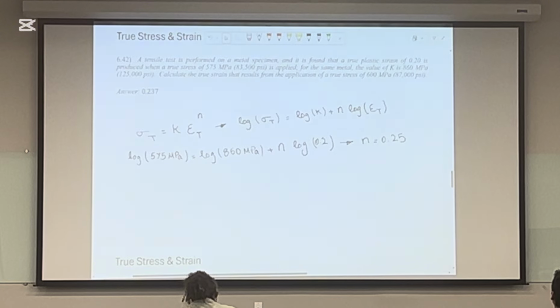So in this part we found N, right? And now we want to plug in all the numbers to find this epsilon_t, right?